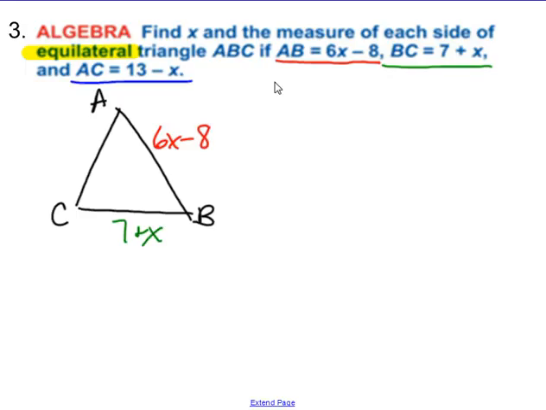And AC is 13 minus x. So if it's equilateral, that means I can choose any two sides and make them equal. So I'm going to take 13 minus x and set it equal to, I don't know, let's do 7 plus x.